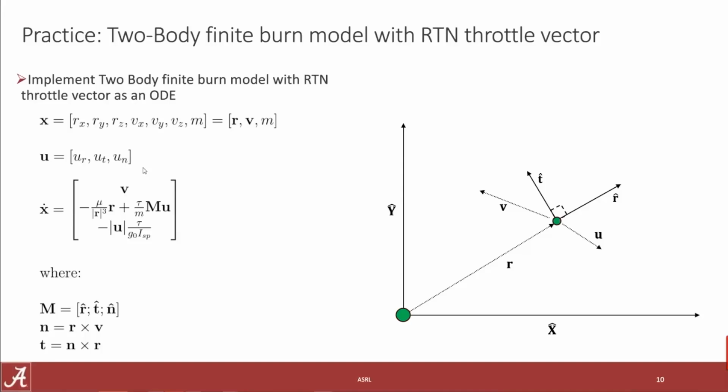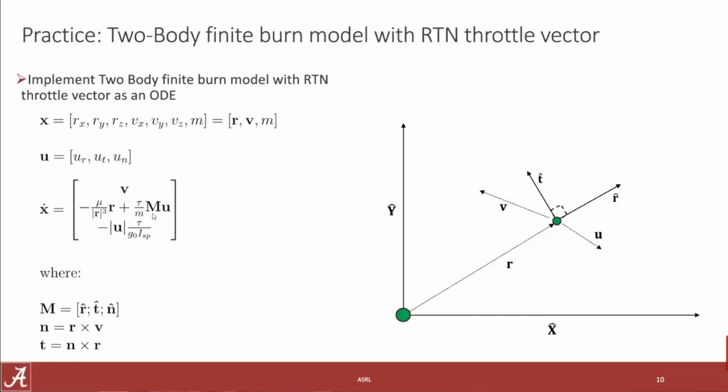So the magnitude of U is going to return us a scalar. That's going to be the scale of your thrust. If the engine's fully on, the magnitude of U will be 1, and if it's entirely turned off, the magnitude of U is 0. But then the direction of U also is where in the Cartesian frame U is pointing. However, we're formulating this where U is not in the Cartesian frame, it's in the RTN frame.